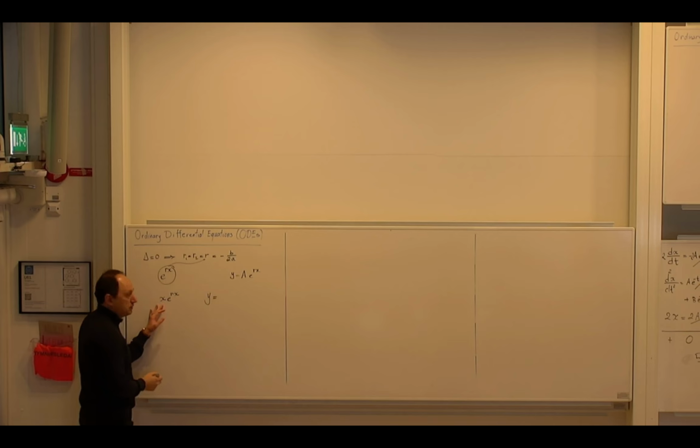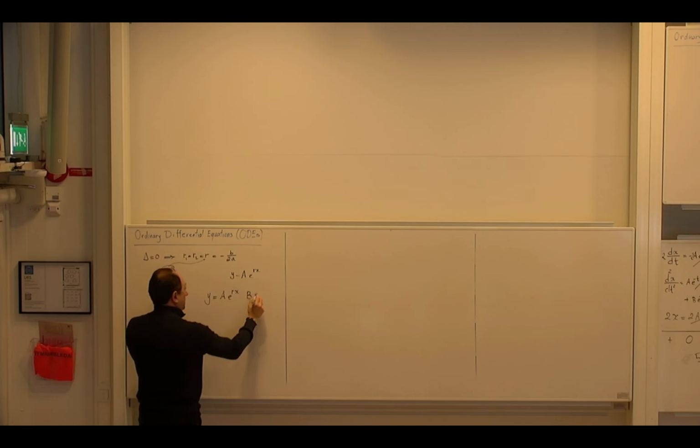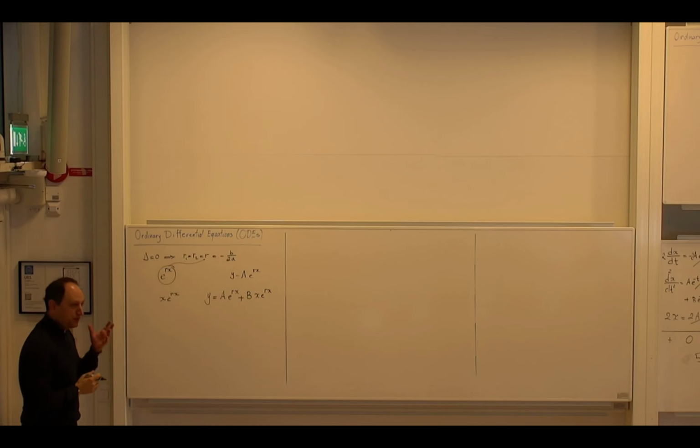I will take the first one multiplied by any constant that I like, and the second one multiplied by any constant that I like. According to what we proved for any linear differential equation with constant coefficients, this will be the general solution. So this is something that you have to remember.